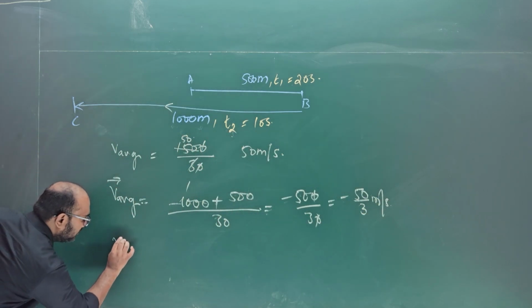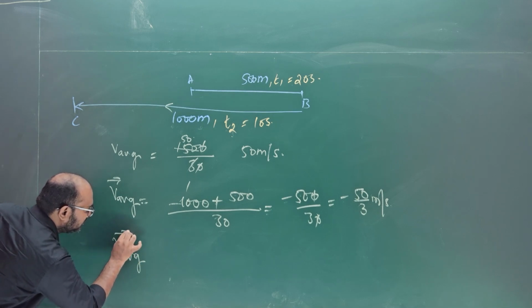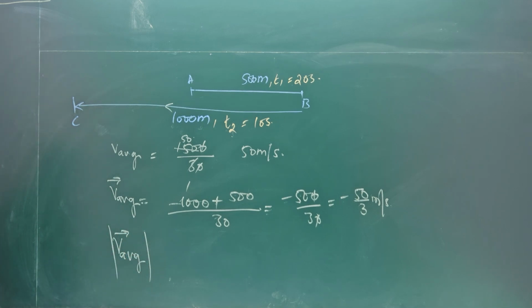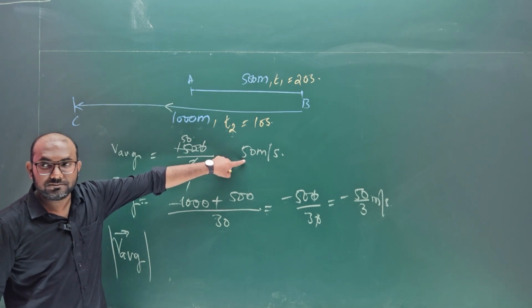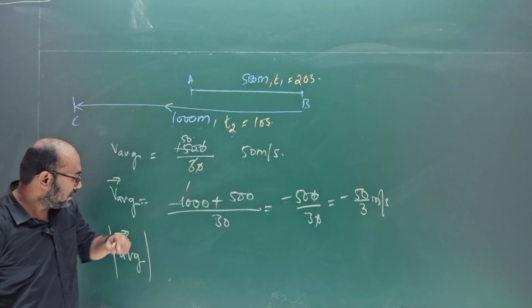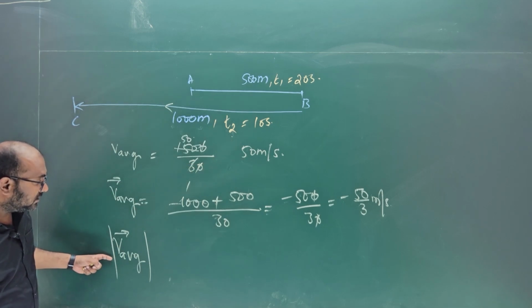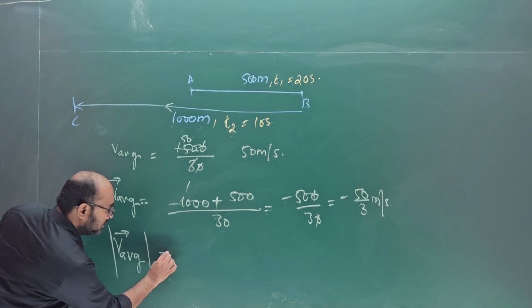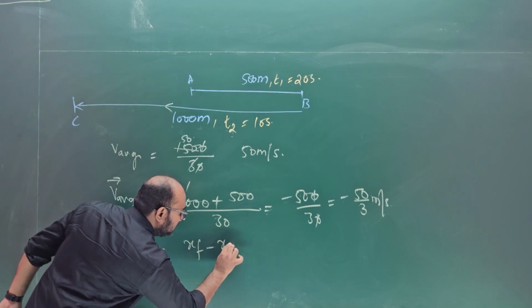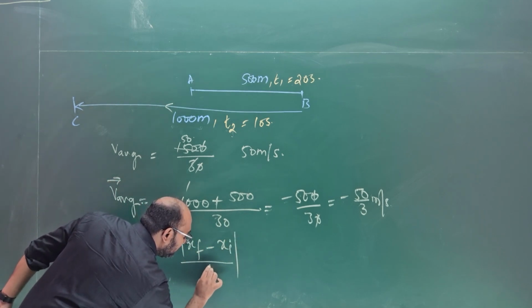Similarly, can anyone tell me V average in terms of magnitude? Magnitude of average velocity. Generally, students make a mistake: whenever we ask for the magnitude of average velocity, they give this answer. Magnitude of average velocity is the magnitude of final position minus initial position upon time.